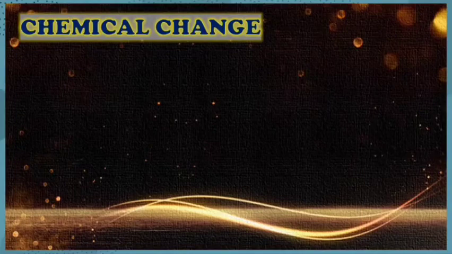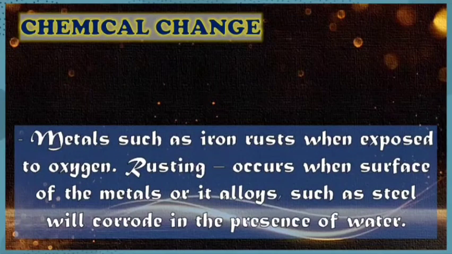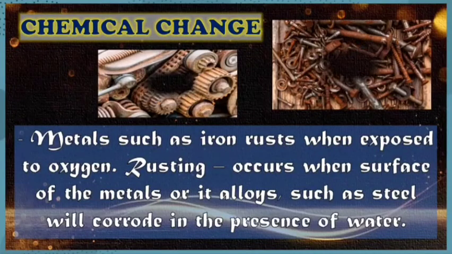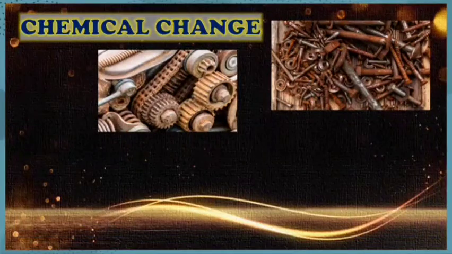Aside from that, metals such as iron rust when exposed to oxygen. Rusting occurs when the surface of metals or alloys such as steel corrodes in the presence of water. So the rust is already a new substance, which means it is a chemical change.